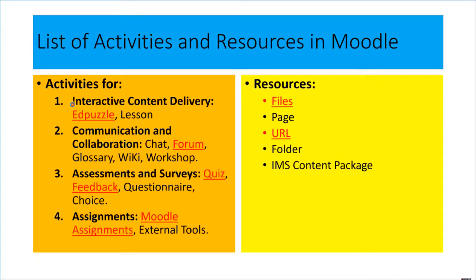So we have interactive content delivery activities, then we have communication and collaboration type of activities, we have assessment and survey types of activities, and then we have assignment type of activities. So for example, in the interactive content delivery type, we have the Ed Puzzle activity, which is to deliver interactive videos, and then we have a lesson activity, which is also to combine different resources to make a lesson.